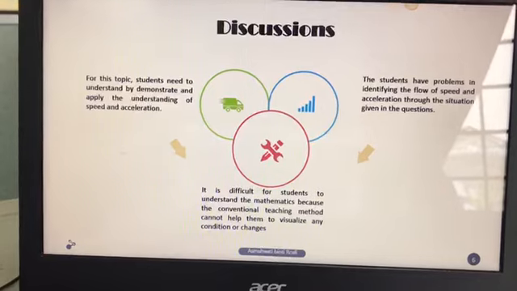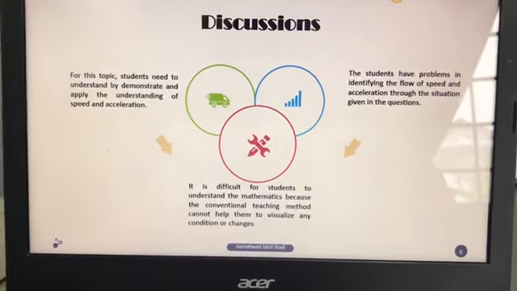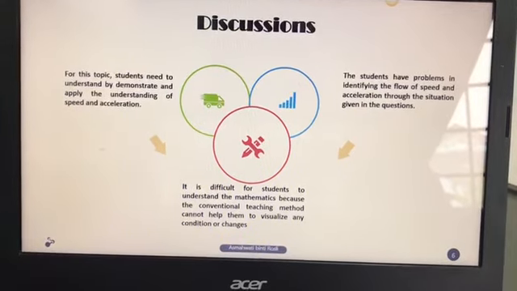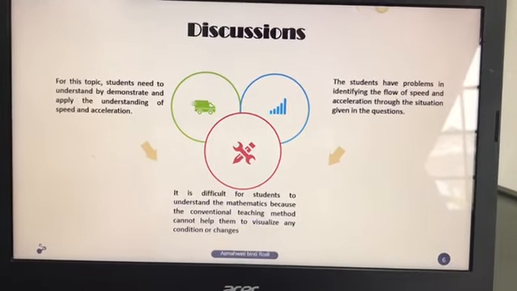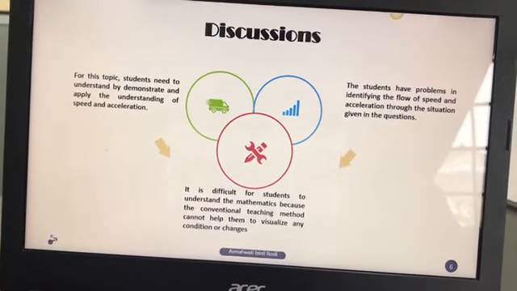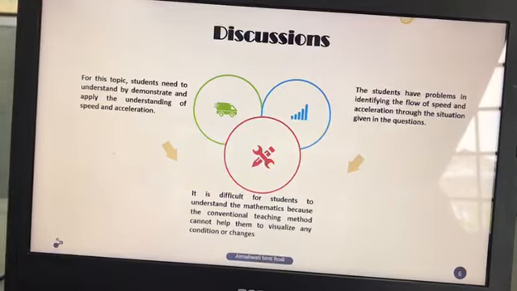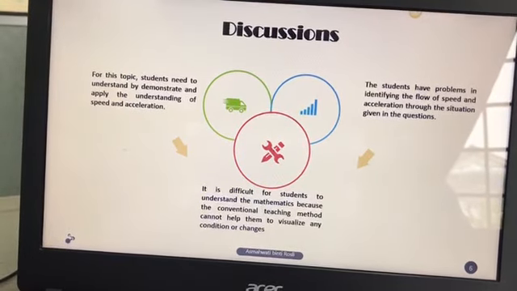Also, from the result of the speed and acceleration concept in table 3, most of the students were unable to apply appropriate knowledge and skill of speed and acceleration in the context of non-routine problem solving in a creative manner.